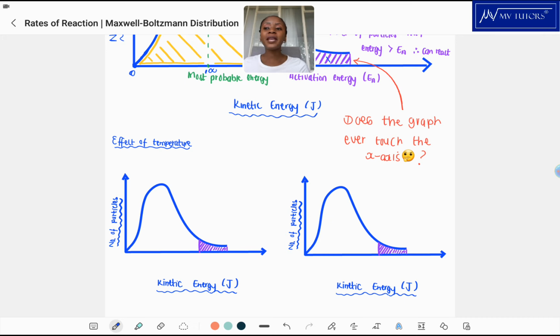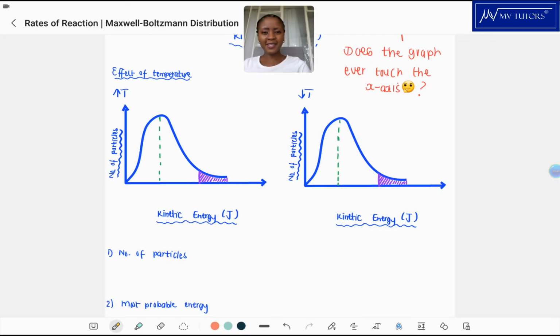Here I'm going to look at the increase of temperature, and here the decrease of temperature. How will this graph look? What happens to the most probable energy? What happens to the activation energy? Does it shift? Let us get to it.